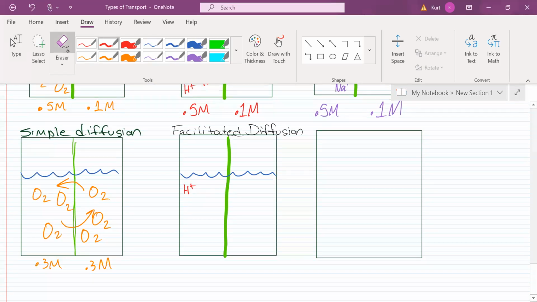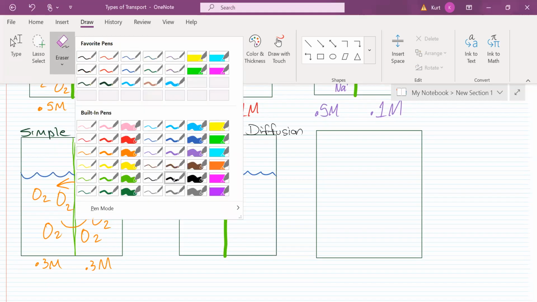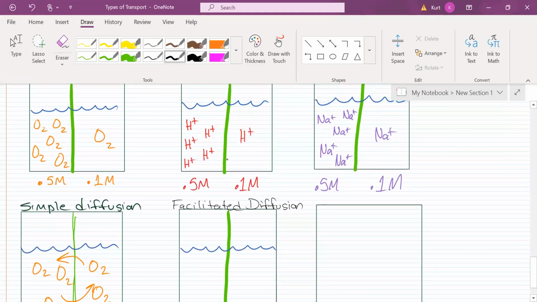But actually, before I start drawing them, if you already drew it, they'll be back. If you look up, hydrogen ions have a charge. And if I were a student in AP Bio and I wasn't in Chem yet, I'd be like, how am I supposed to know if it's polar or not? I didn't take Chem.